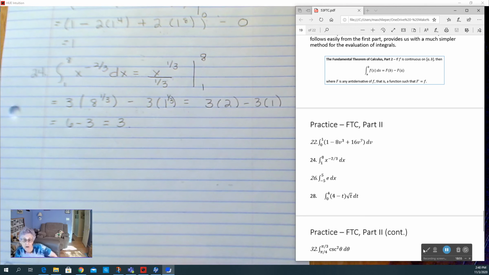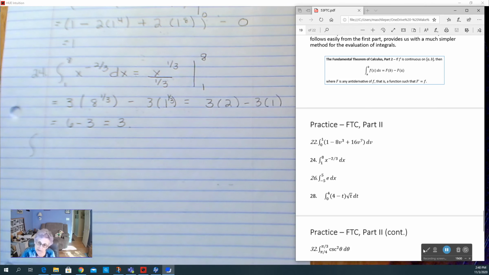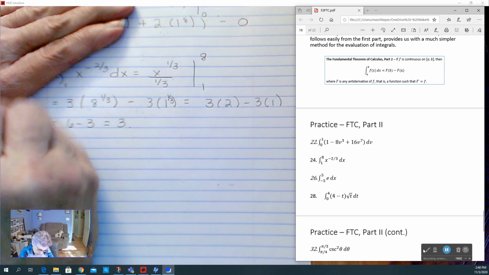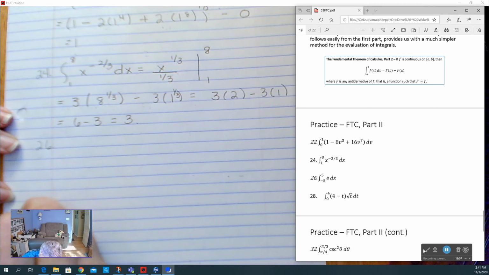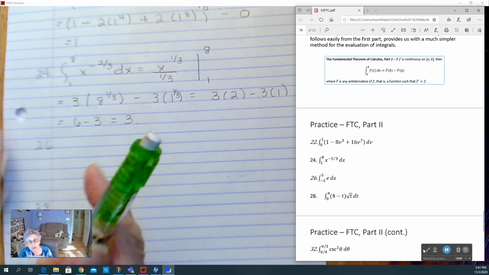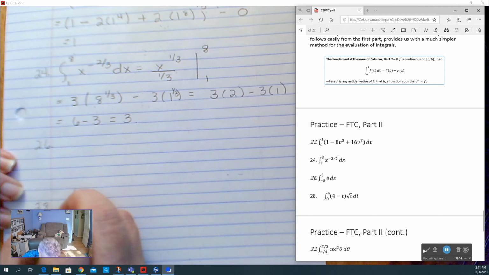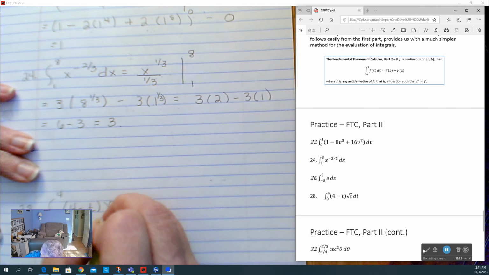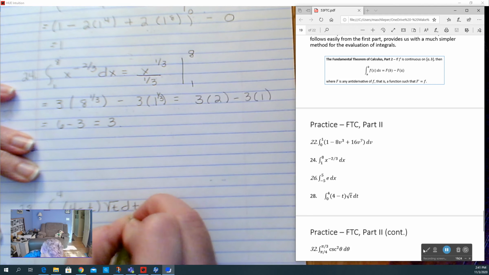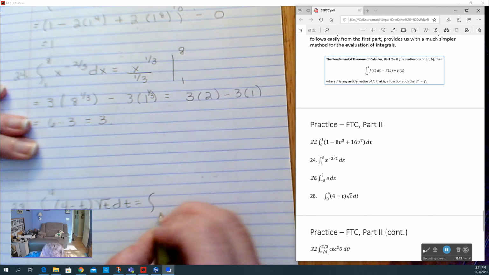I'm going to get you started on 28. So 26, leave some room for that. We do not have a product rule for integration. So in order to deal with the integral from 0 to 4 of minus t times the square root of t, you need to distribute that square root of t through the parentheses.